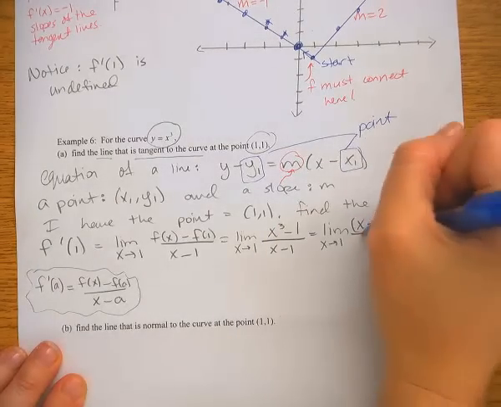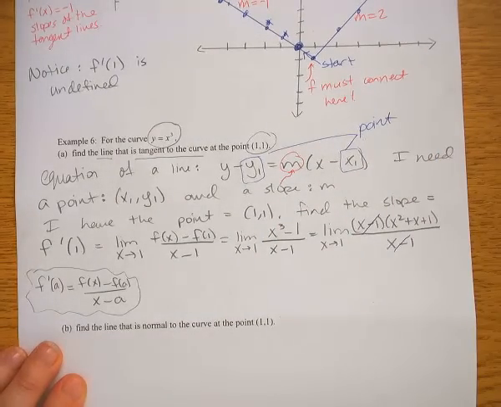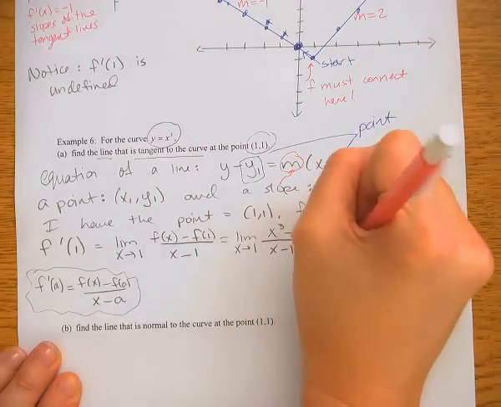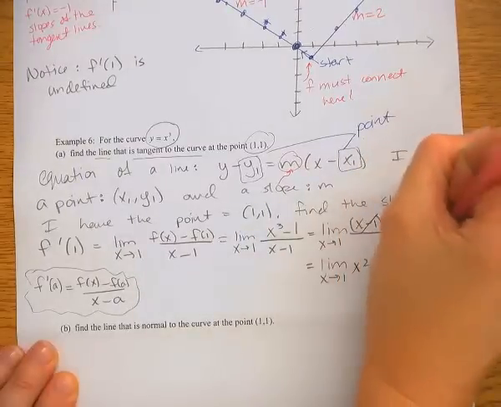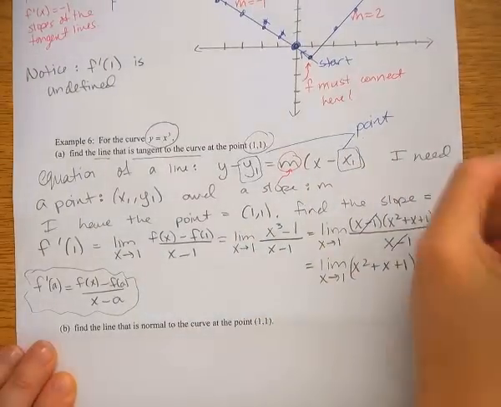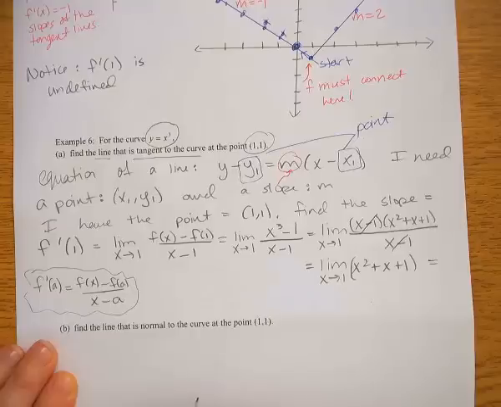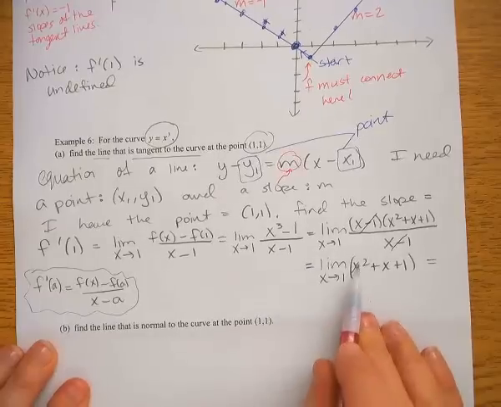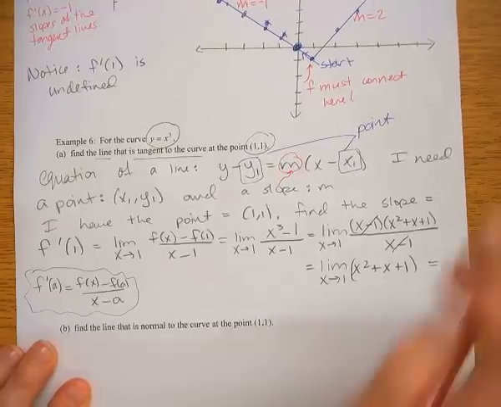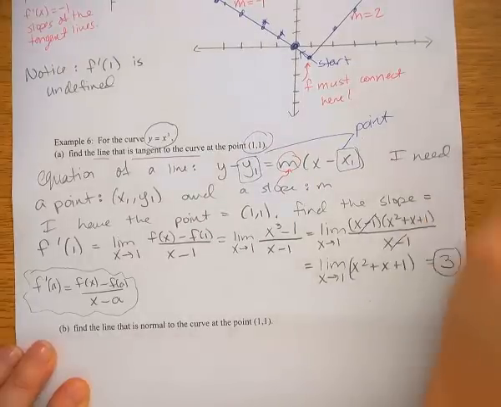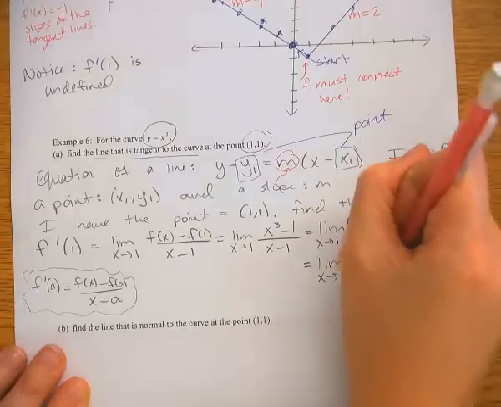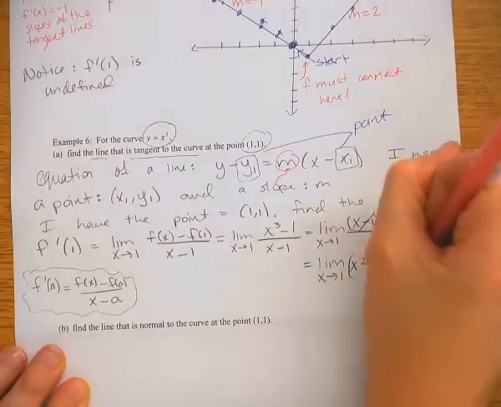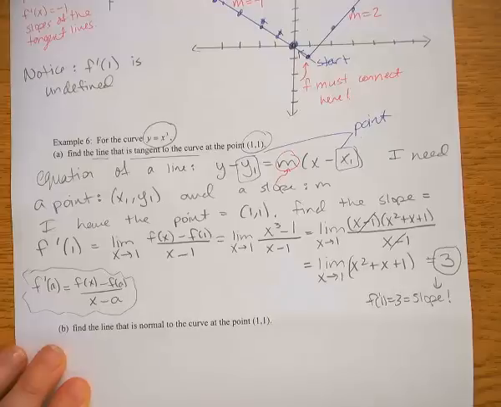Then I notice that the x minus 1's cancel out, and I have the limit as x approaches 1 of x squared plus x plus 1. And now I can find that limit by simply substituting. I plug the 1 in here. I get 1 squared plus 1 plus 1, and that gives me 3. So that is my slope. So f prime of 1 equals 3, and that's my slope.